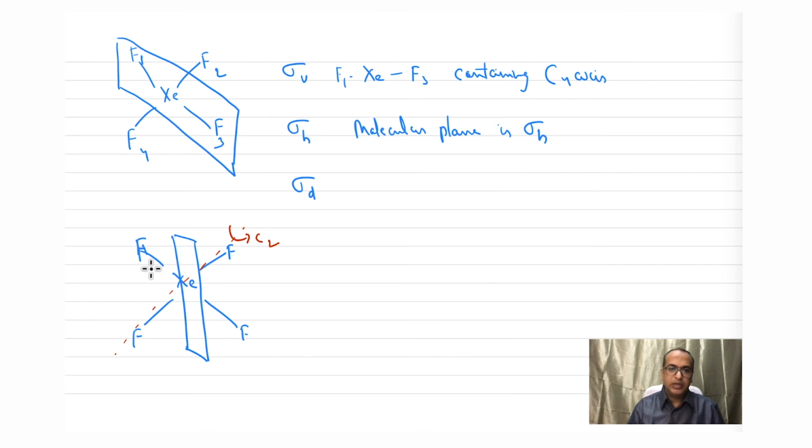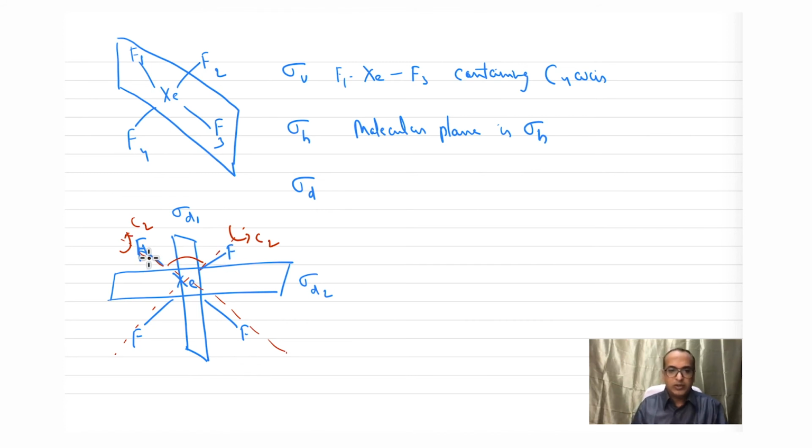This is the C2 axis we have seen earlier, right? So it is bisecting this angle, the C2 axis. Similarly, there is another plane which will be a dihedral plane, which will be like this, right? So this is sigma D1, this will be sigma D2.